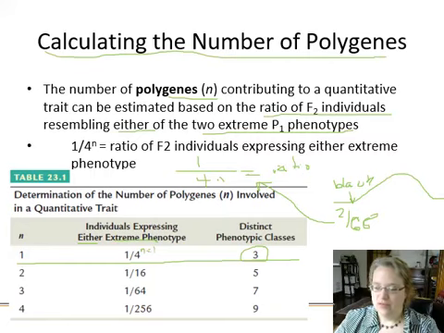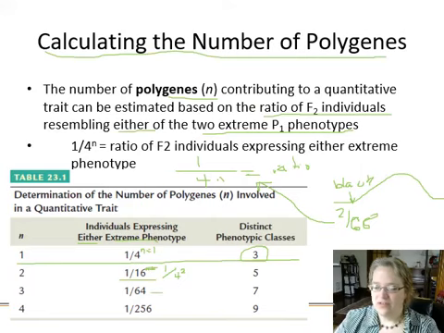If we've got 2 genes going on, you'll see only 1 out of 16 roughly on average. You pop it in your calculator and see what it is close to, because you're not going to get an exact number. Then you've got 1/16 and n equals 2 here. So this is (1/4)^2 equals 1/16.